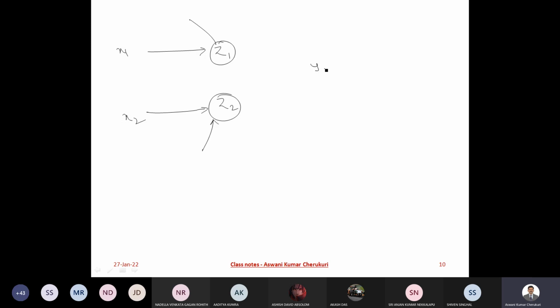For your understanding, I am giving two nodes in the output layer, Y1, Y2, both having bias. Now the connection weights from Z1 to Y1, Z1 to Y2, similarly Z2 to Y1, and this is bias and this is also bias.